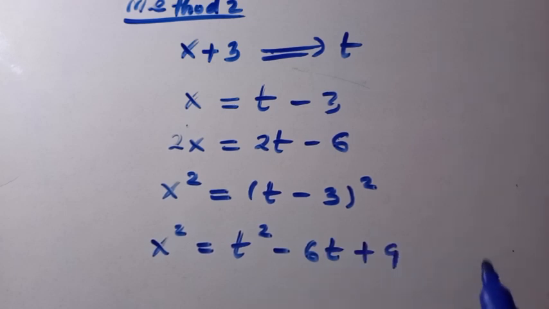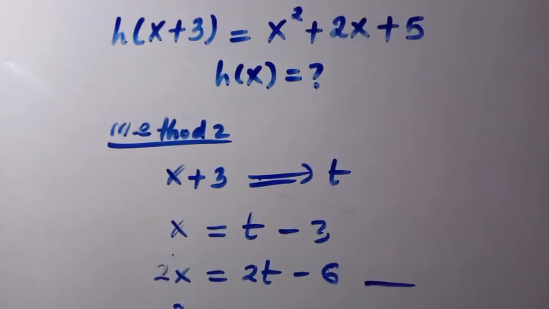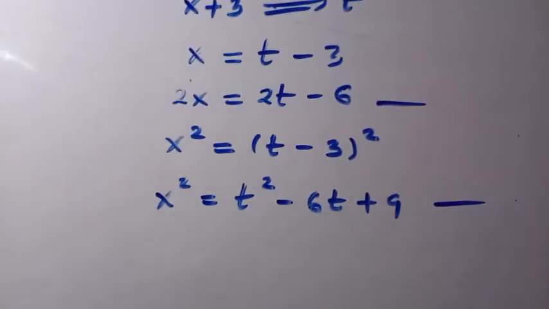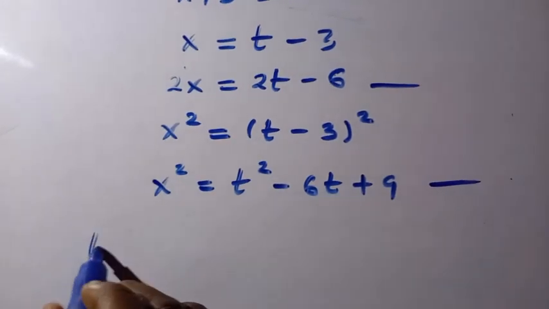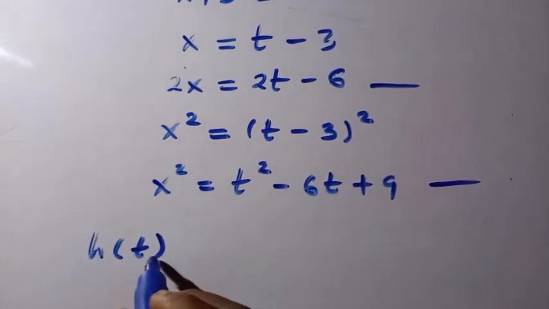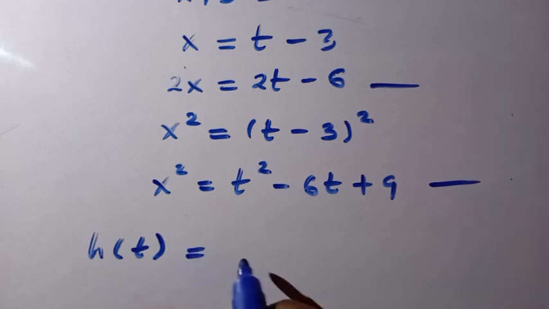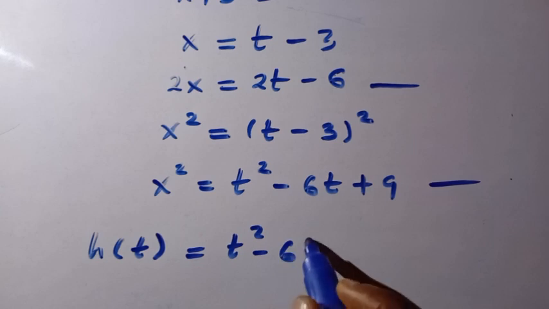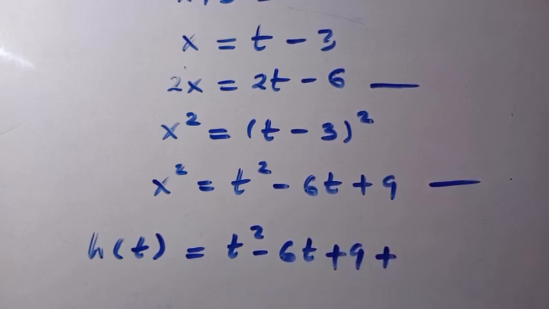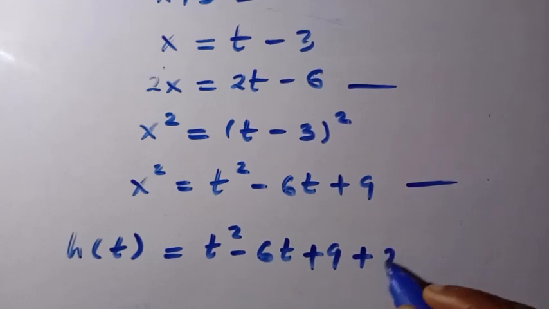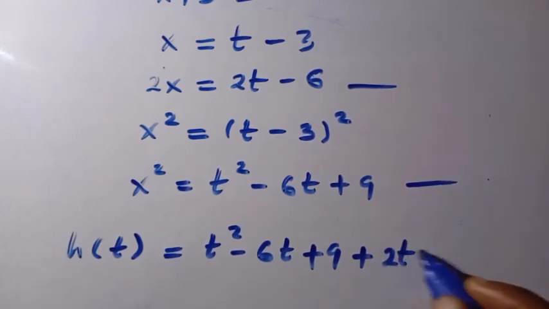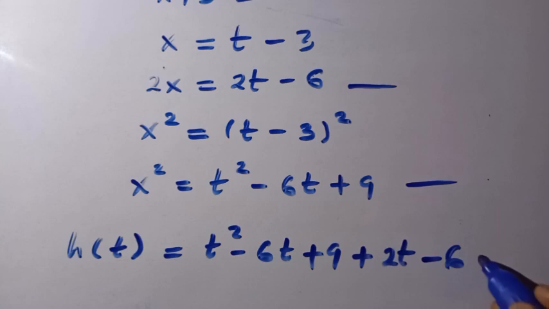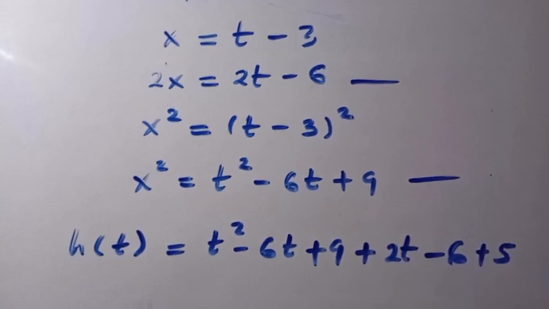Let's substitute these in the given question, where h of x plus 3 becomes h of t. This is now in terms of t, equals x squared, which is t squared minus 6t plus 9, plus 2x, which is now 2t minus 6, then plus the constant, which is 5.